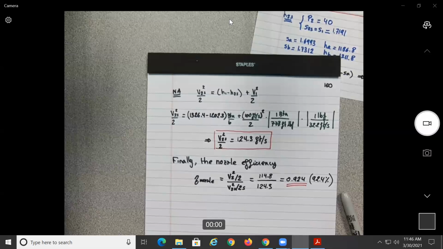So let me go to another page. So let's call over here these tables.